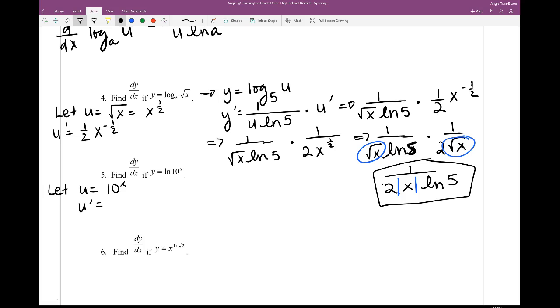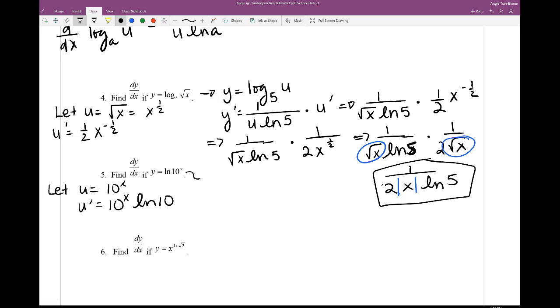If you look back to your notes, what is the rule for the derivative of a to the x? Wasn't the rule a to the x times ln of a? So that's what we're going to write. U prime is 10 to the x times ln of a. Right? Okay, perfect. So that's u prime.